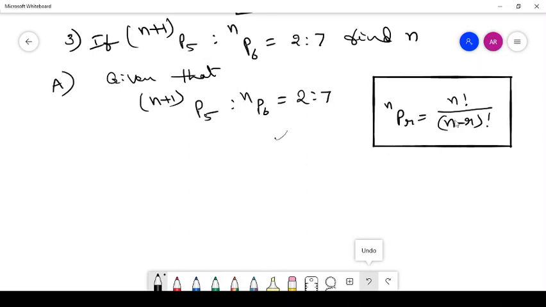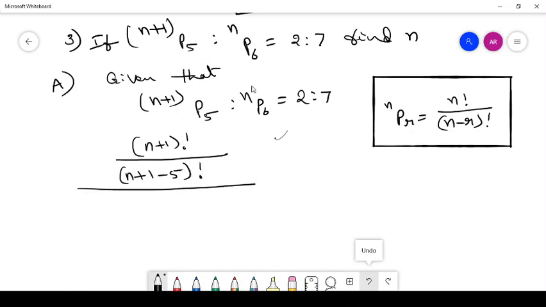So (n plus 1)P5 can be written as (n plus 1) factorial by (n plus 1 minus 5) factorial, divided by nP6. nP6 can be written as n factorial by (n minus 6) factorial. Next, 2:7 is nothing but 2 by 7.